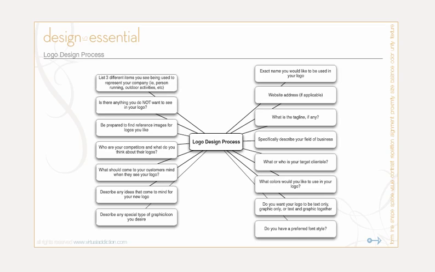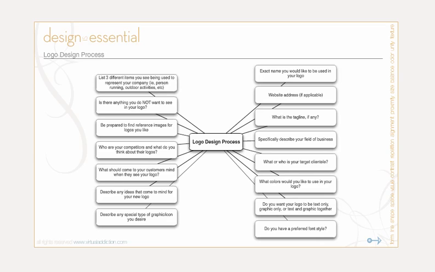Determine who the target clientele is. If there's any considerations or any desires up front as far as colors, make sure you're aware of those. Find out if the logo is to be text only, graphic only, or text and graphic altogether. And definitely find out if there's any preferred font style that has been identified.